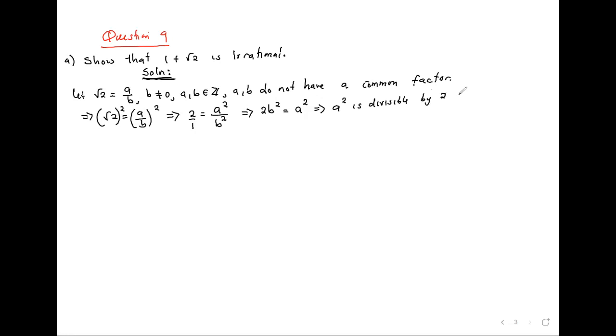Okay. Yes. So A squared is divisible by 2, and this simply means that A itself is divisible by 2. When A is divisible by 2, then we can write A as 2 multiplied by some number R, where this number R is an integer.